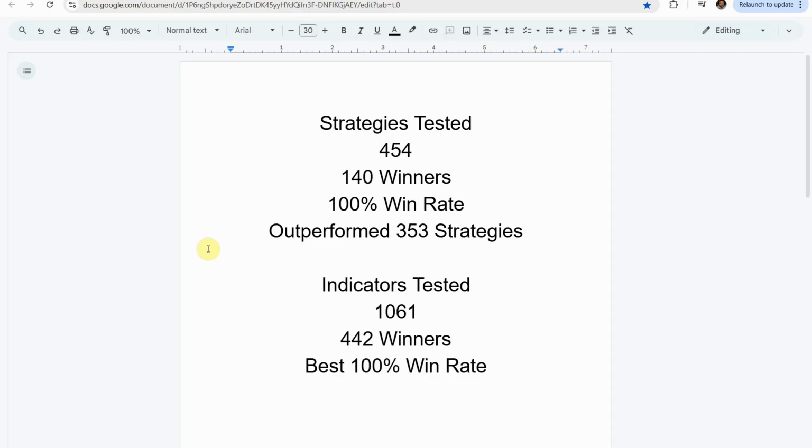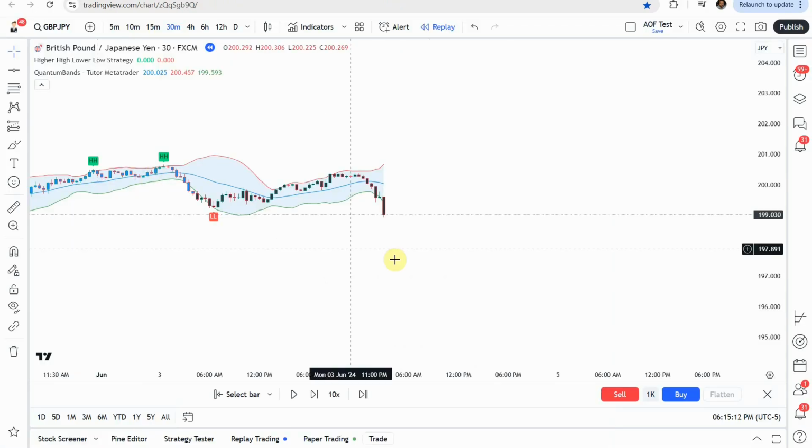That was achieved on a live trading account, trading the Academy of Forex indicator and the crypto scalping strategy that I'll mention in this video. And so far, since we've been keeping track, it has outperformed 353 of the other strategies that we have put it up against, every single one so far. We've also tested a total of 1,061 indicators, with 442 of them being winners.